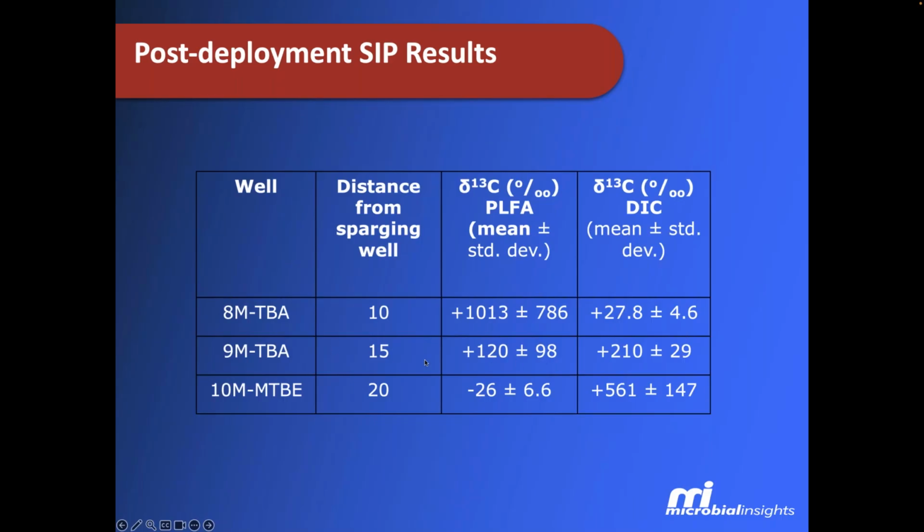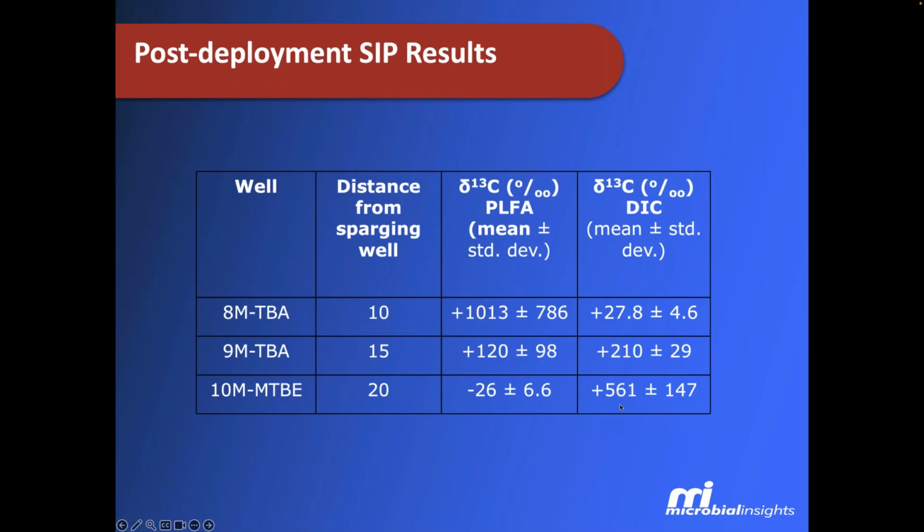Now we go to the second well, which was 15 feet away, and the third one 13 feet away. As you can see, the amount of C13 incorporation is decreasing in the biomass, but it is increasing in the CO2. And why is that?